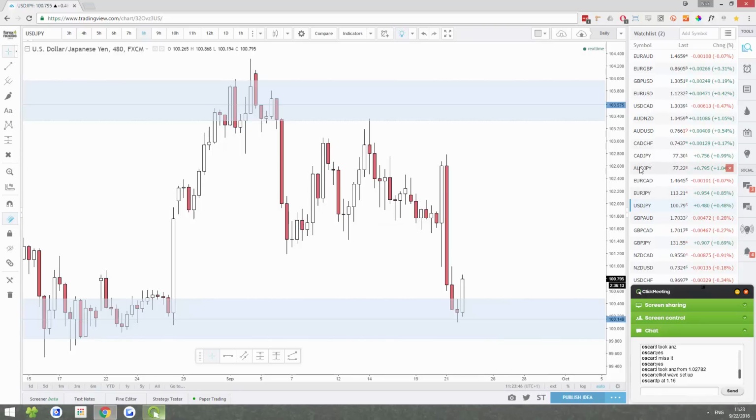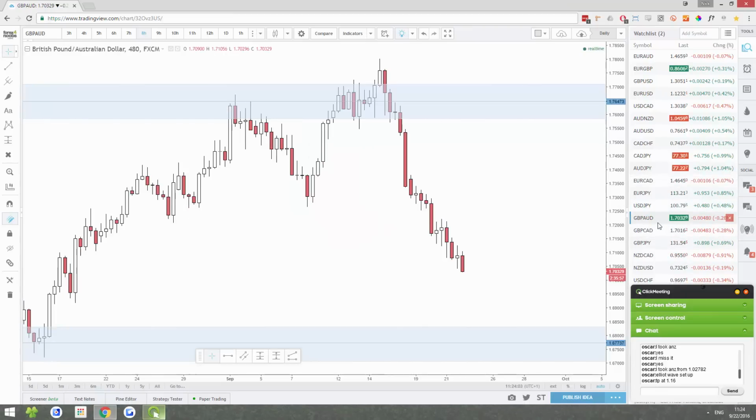Because they weren't posted to the forum, which was surprising, really. I would have expected these setups to be posted to the forum. Alright, doesn't look like anyone traded it. You guys did not get into many trades today, did you?